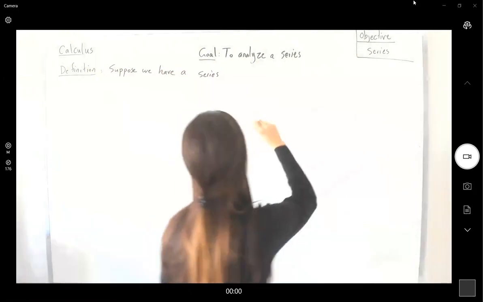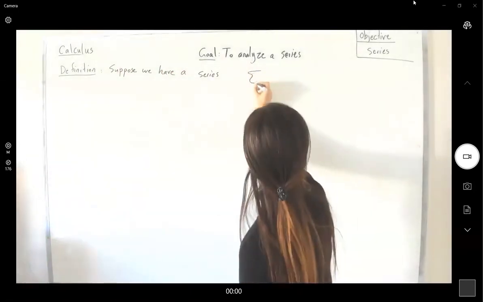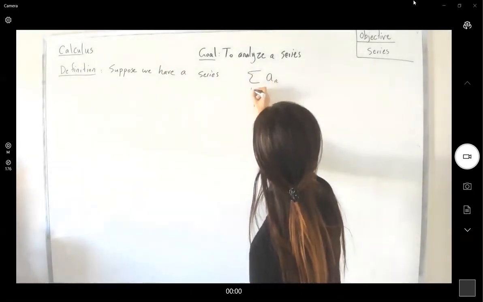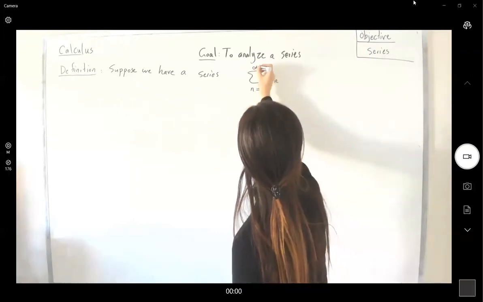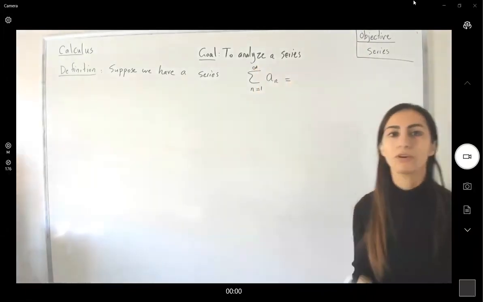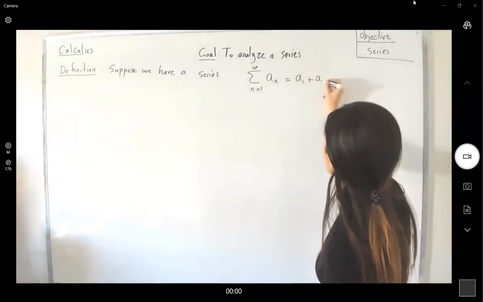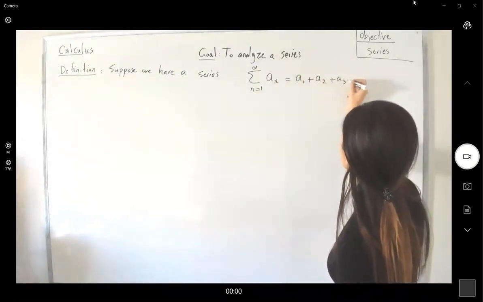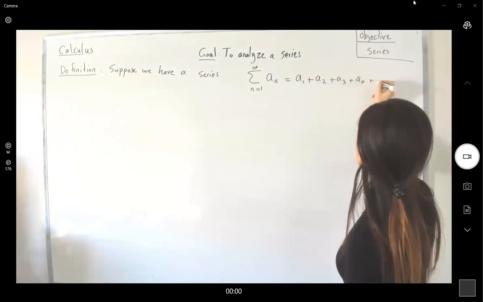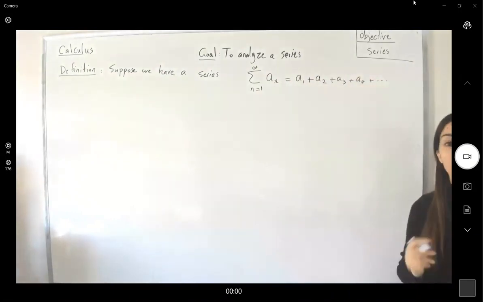This series is denoted by the sum a sub n, starts from 1, goes to infinity, and you all know that you need to add the terms of this series. A sub 1 plus a sub 2 plus a sub 3, a sub 4, and the rest. So that's how we define a series.